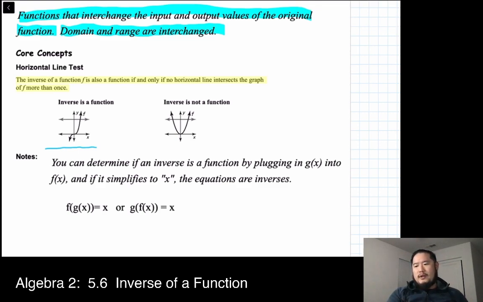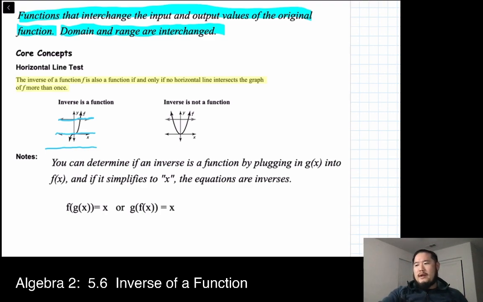The question is, at any point, if you draw a horizontal line, does it cross the function more than once? If it only crosses the function once, then it passes the horizontal line test. And that means that the inverse is a function.